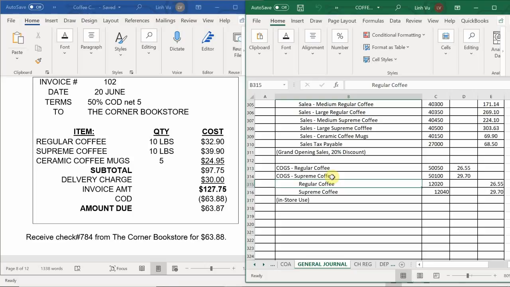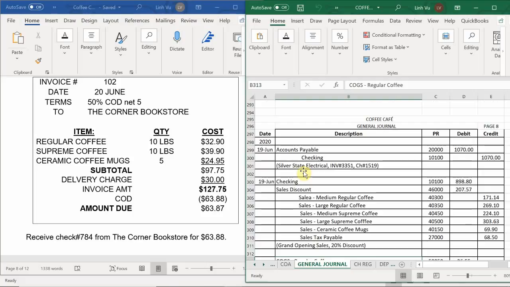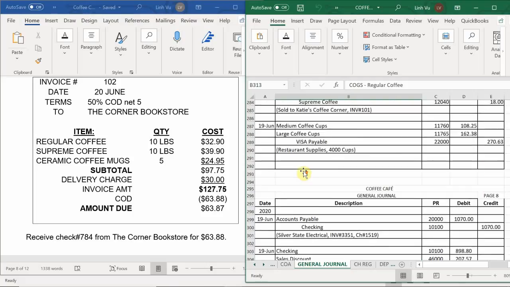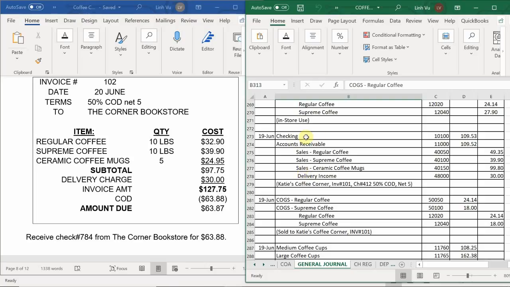First, we'll go to the general journal, and it'll be checking, checking. Good. What else? Accounts receivable. Good. Checking, accounts receivable.